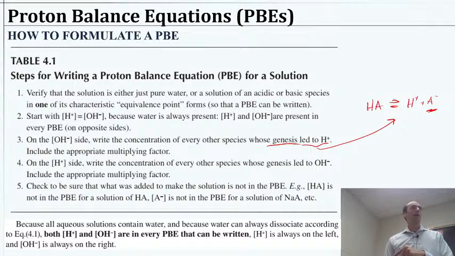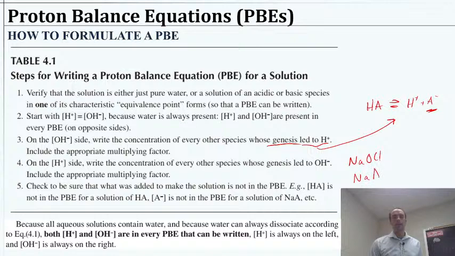It was the A minus that was formed, and in doing so we released the H plus. So if we add sodium hypochlorite, right, this would be like NaA. Then we're not going to add in the sodium part of that, if I'm saying that right.